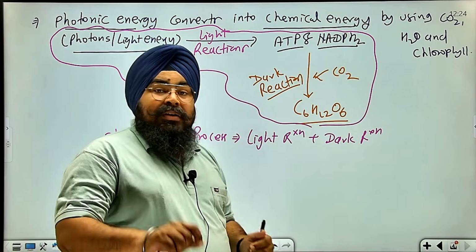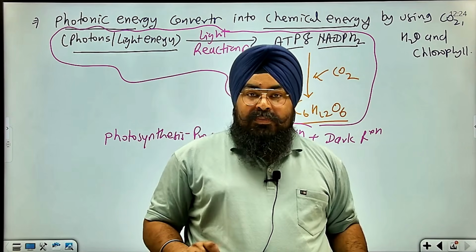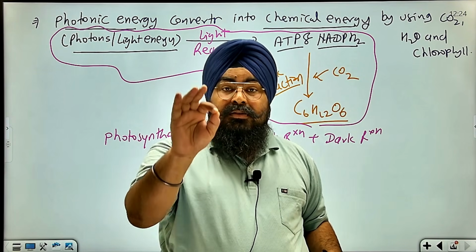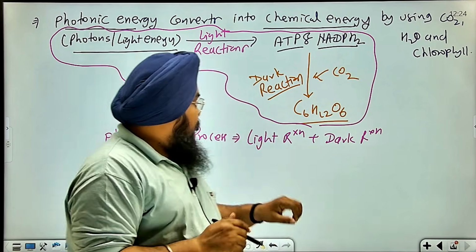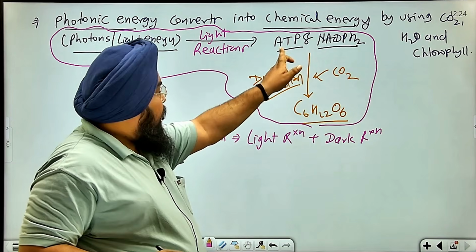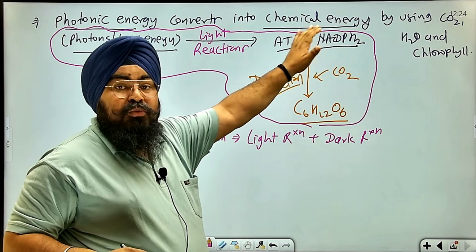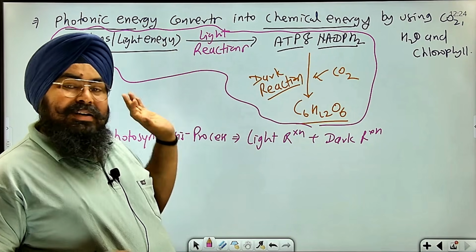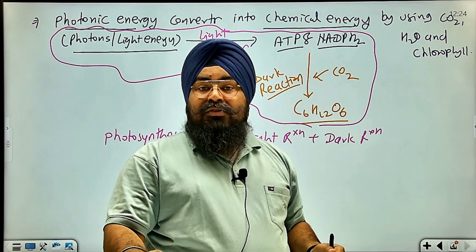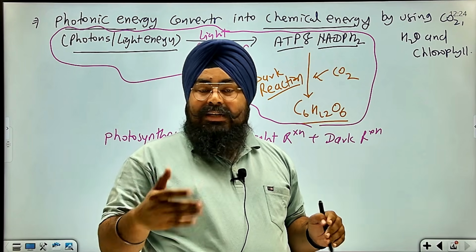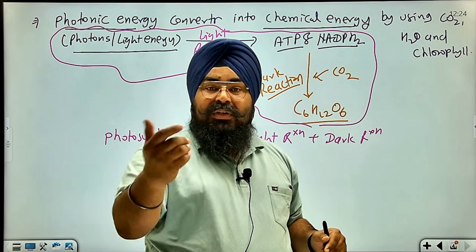So for glucose formation, light is not used directly. ATP and NADPH2 are used, but both are formed from light energy. So photosynthesis occurs in the presence of light. That is the process. Now we discuss the next topic.